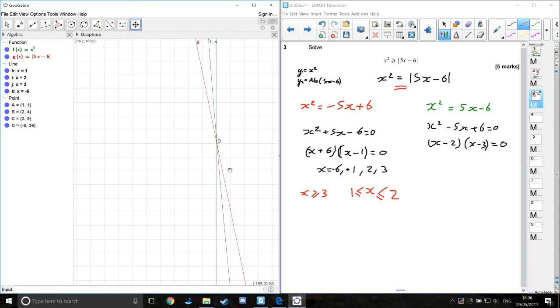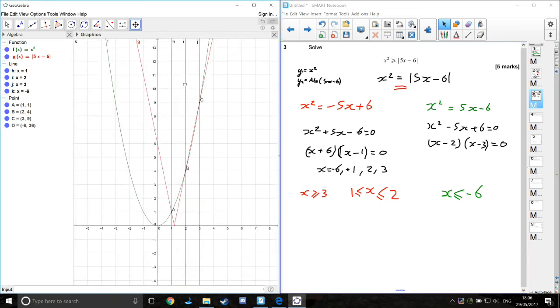But before minus 6, technically, the green curve is then always over the red line. So before minus 6, x less than or equal to minus 6.